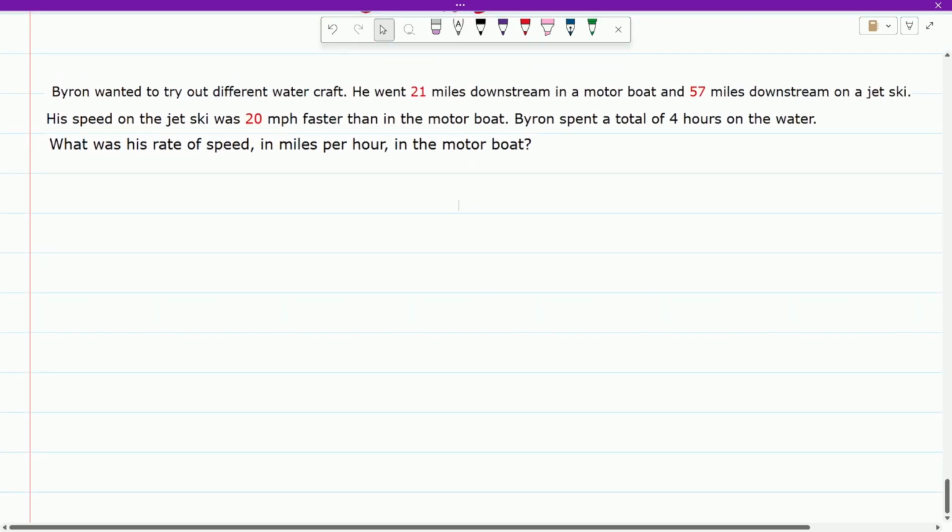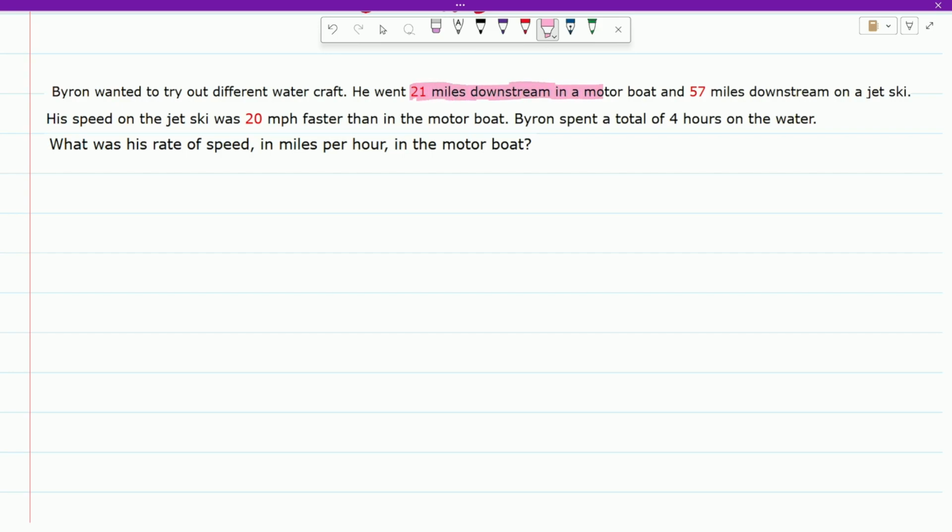So in this situation, Byron, he wanted to try out a different watercraft. So he went 21 miles downstream in a motorboat and then 57 miles downstream on a jet ski. So Byron, there's nothing working against him. In fact, it's working with him.